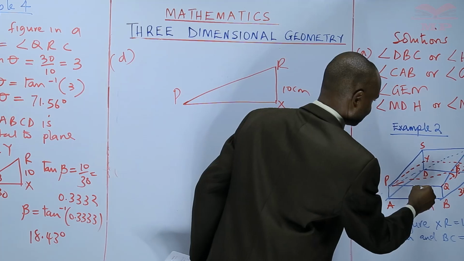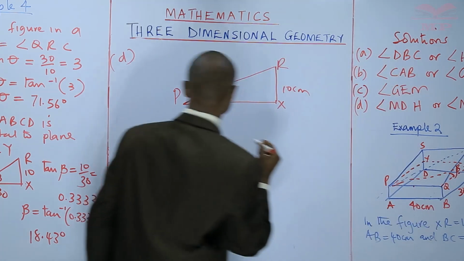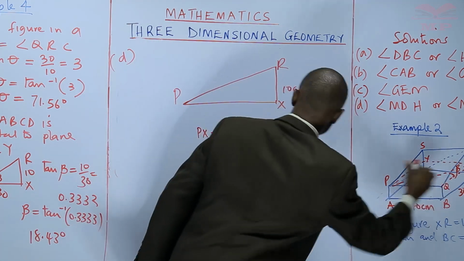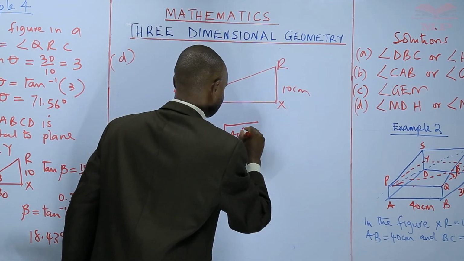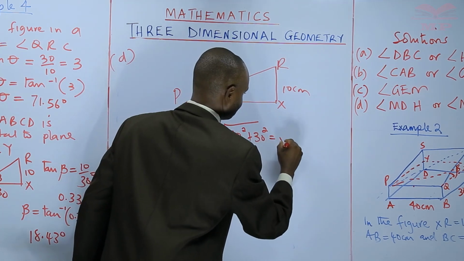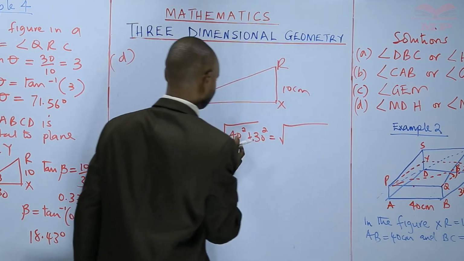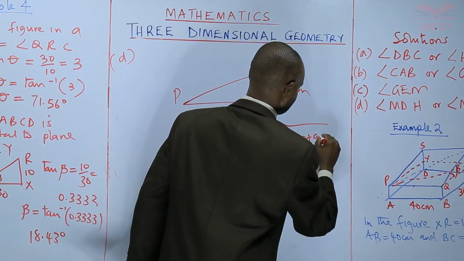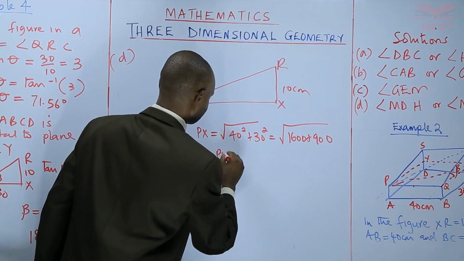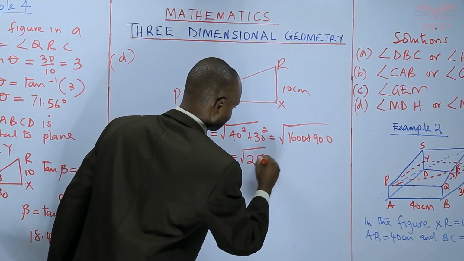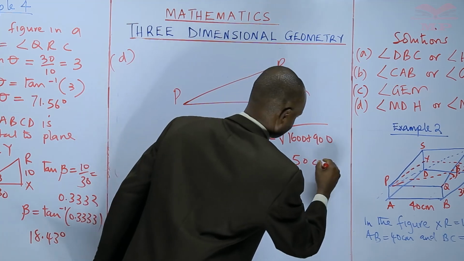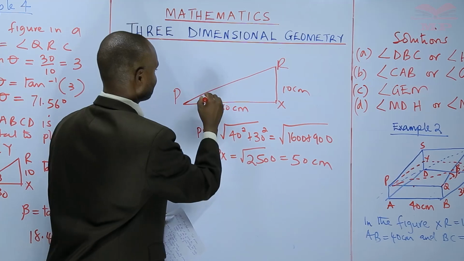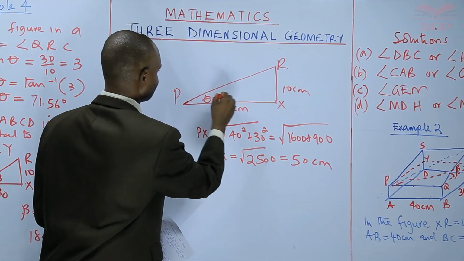If I have this as 30 and 40, PX is equal to the square root of 40 squared plus 30 squared, which is the square root of 1600 plus 900. So PX is equal to the square root of 2500, which is 50. So PX is 50 centimeters.